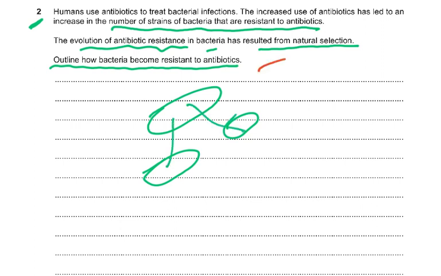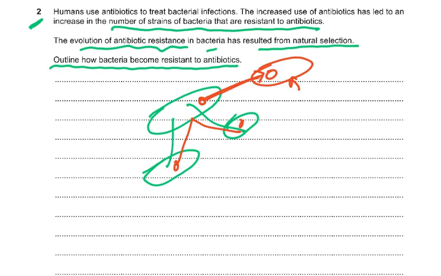Horizontal means there's another species of bacteria and the plasmid with the resistance goes into this one. Previously, it was just going into those formed by binary fission, but now it's going to another species of bacteria by horizontal transmission. Then the allele frequency increases, so you get a population of bacteria which are resistant.